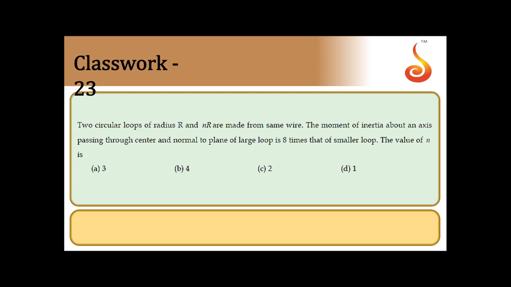Yes, we shall move on to next one. Two circular loops of radius r and nr are made from same wire. The moment of inertia about an axis passing through center and normal to plane of large loop is 8 times that of smaller loop. The value of n is.